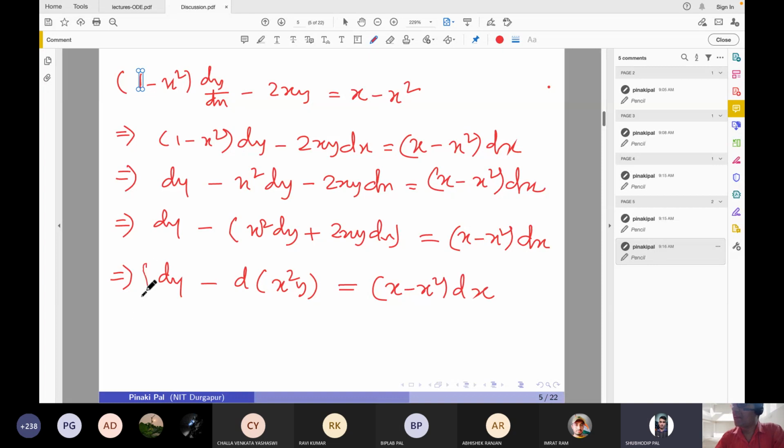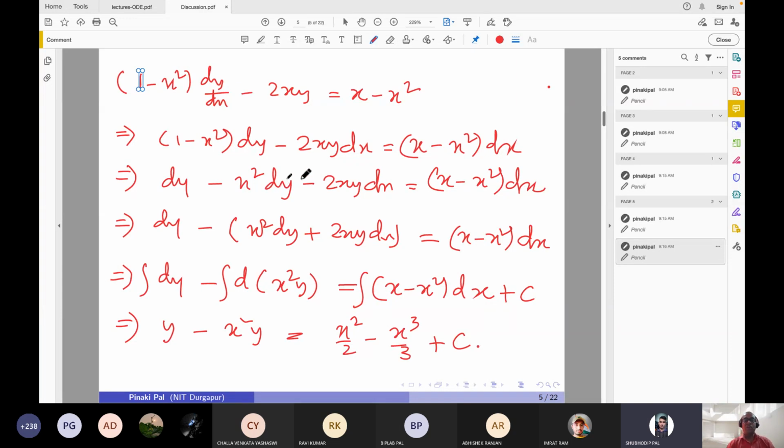Let us now integrate and add one additive arbitrary constant. d of x square y gives y minus x square y is equal to x square by 2 minus x cube by 3 plus c. This is the solution of the differential equation. You see these two terms we have arranged in such a way that we could write them as a differential of some function, and upon integration it gives y minus x square y. The other terms are already integrable. So this is one of the tricks.